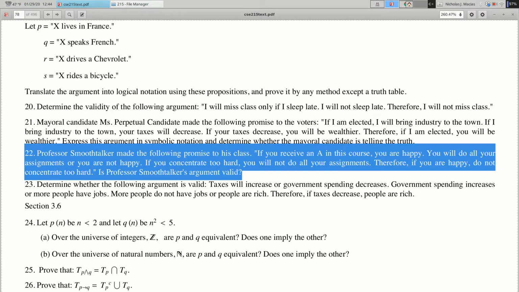If you concentrate too hard, you will not do all of your assignments. So C is going to be the proposition that you concentrate too hard. And so this third statement is, if you concentrate too hard, then you will not do all of your assignments.